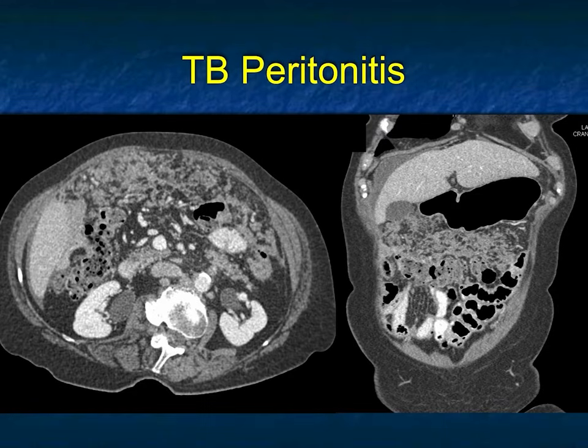Just a really nice example. Again, 99% of the time, I'm just going to say carcinomatosis and not really think about it. But it does make the point that carcinomatosis and TB peritonitis with this omental appearance can look similar. What an unusual case, but what really is a great case.